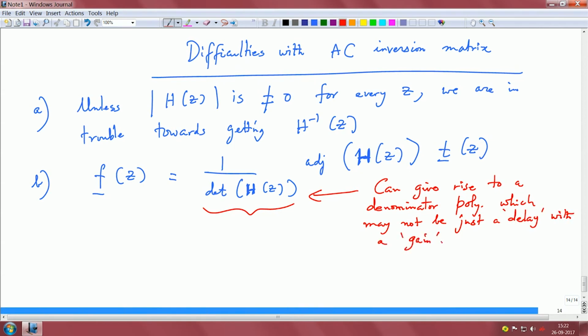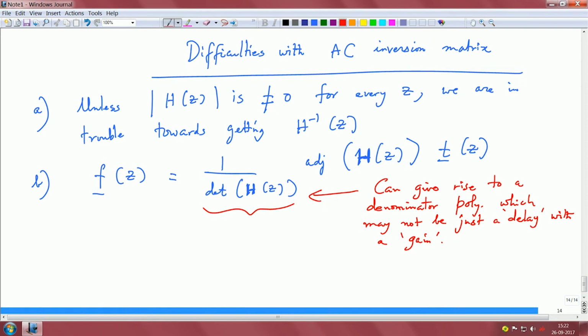Okay. So, if you had a delay and a gain, then there is no issue, but you may not guarantee the determinant to be just a delay with a gain.